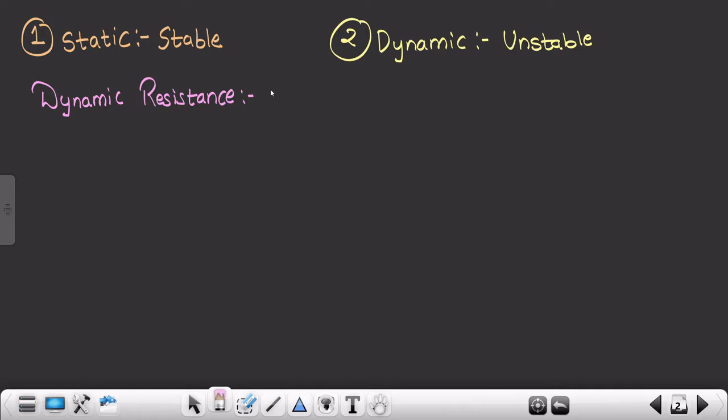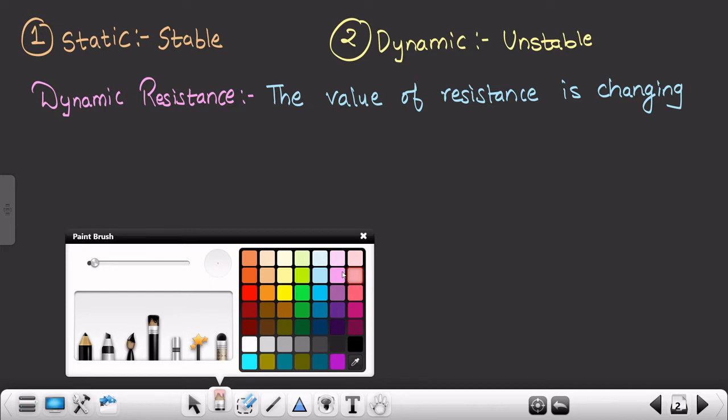That means the value of resistance is changing, or in short, we can say that this particular resistance is unstable, right?